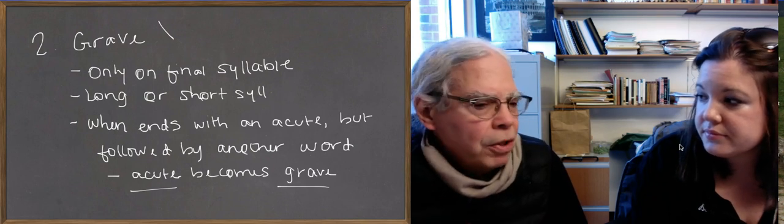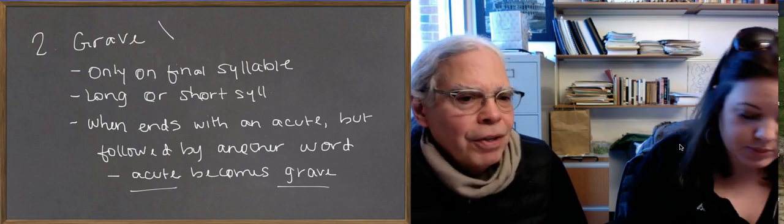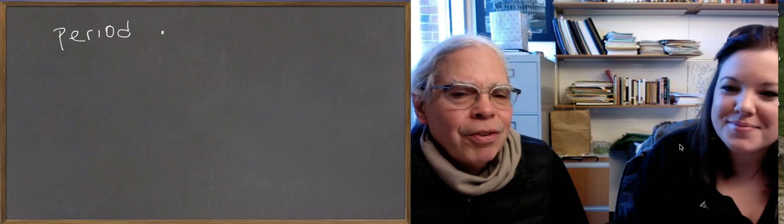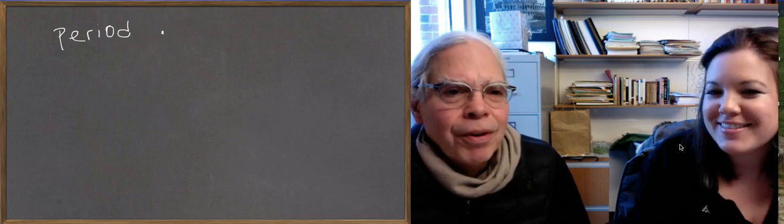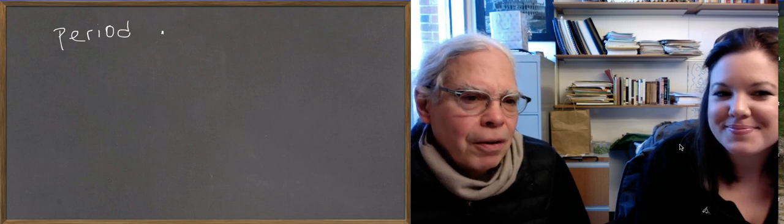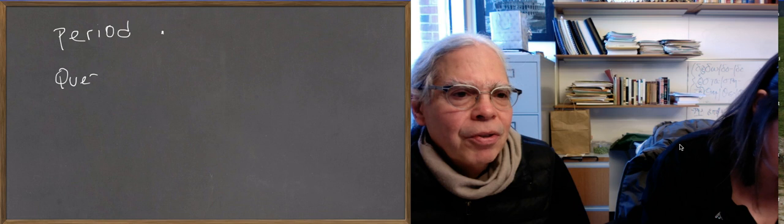And the punctuation marks in Greek are, and you should write these down, the period. That's a Greek word, periodos. It means a journey, a travel around a place, a road around a place, okay? So what you're doing is marking the end of the journey. Period. Beautiful concept, right? There's a question mark, okay, which looks to us like a semicolon.